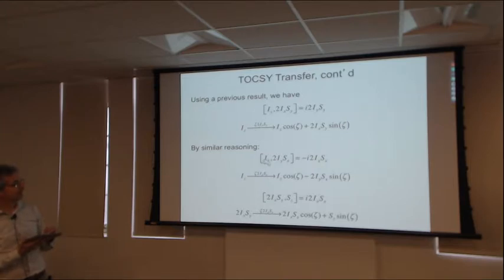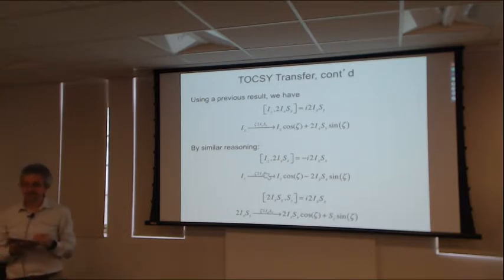And then I can work out what happens with IxSx, and I get a different evolution. And I can keep playing this game and work out all my rules. What happens to Iz magnetization acted on by 2IzSz? Here I worked out rules for IySy, IxSx.